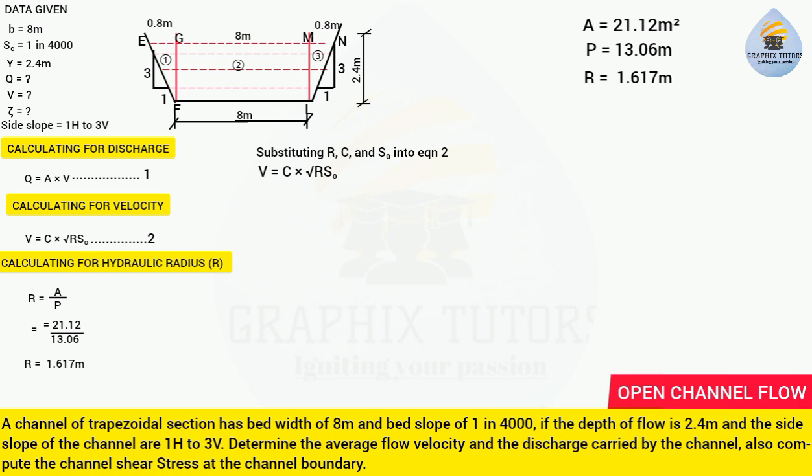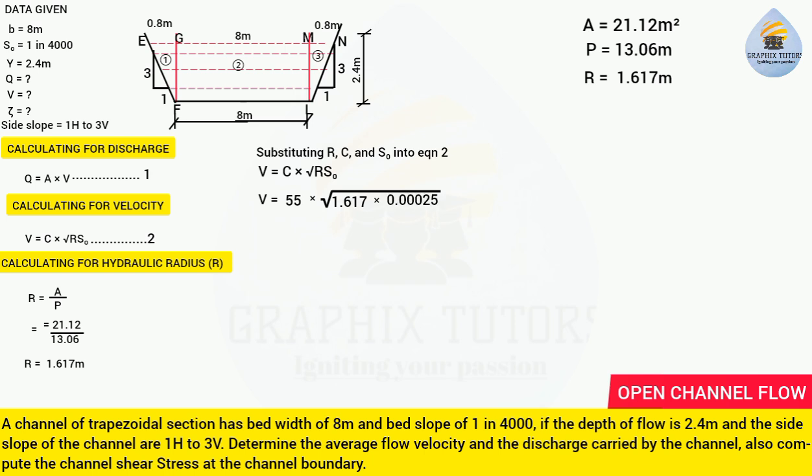So what is the Chezy constant here? The Chezy constant here is 55, times the square root of the hydraulic radius, 1.617, times the bed slope, which is 1 over 4,000, and that will give us 0.00025.